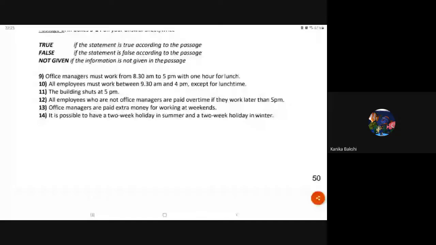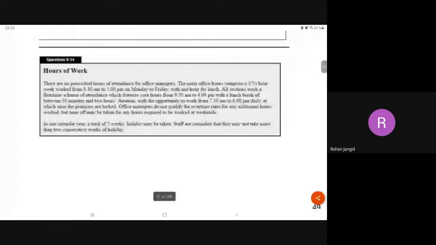True. Hello. 14th is true. Yes. Ma'am, false. No. Who said true? I'm Jyotika. Okay, yes. Yes, ma'am. Good. Very nice. Now explain why true.